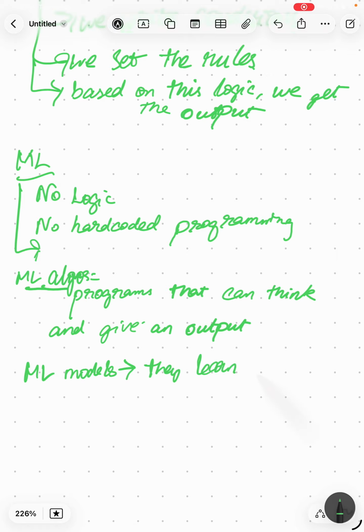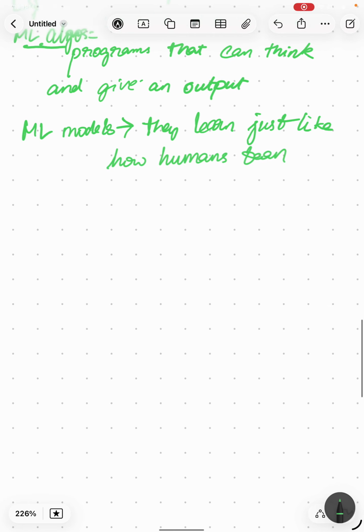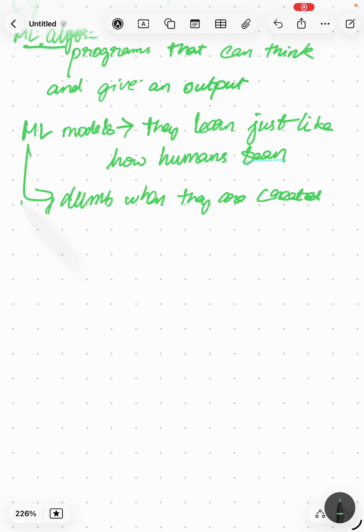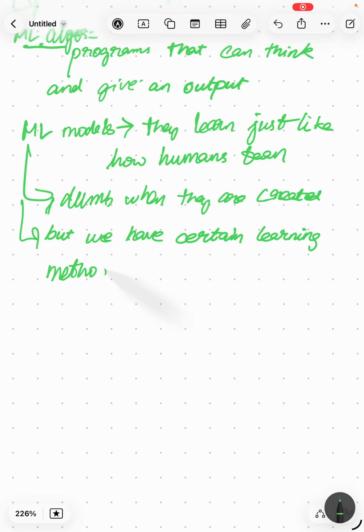They learn just like how humans learn. Actually, these machine learning models are dumb when they are created. But we have certain learning methodologies.